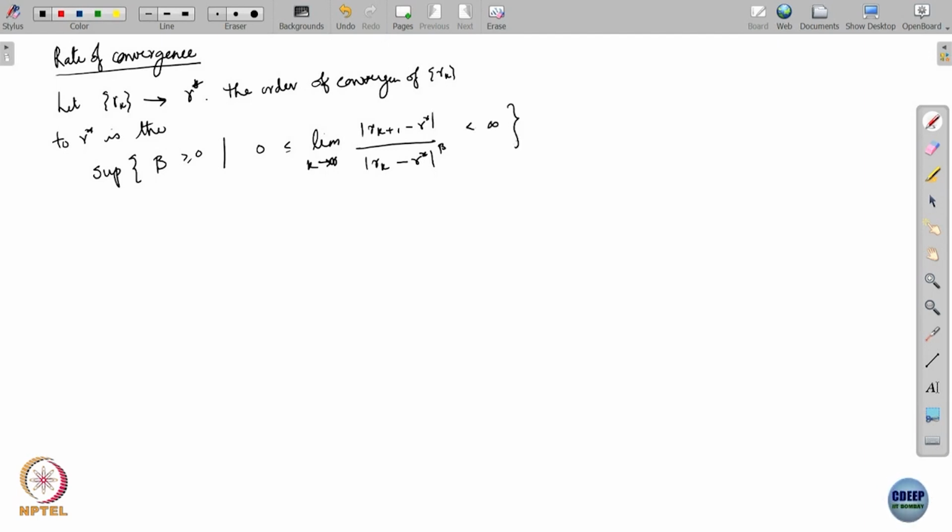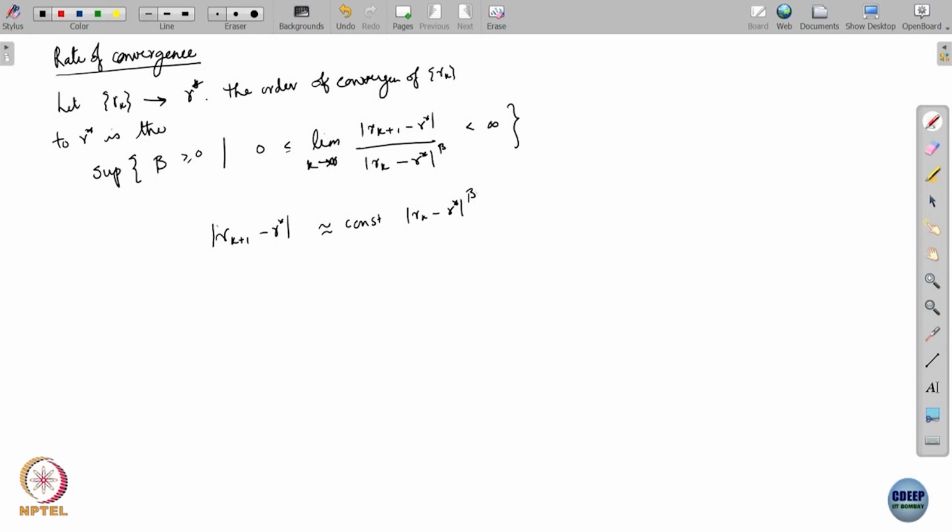Okay. So, what does this mean? It basically tells you the largest value. If this limit is finite, it effectively tells you that for large enough k, R k plus 1 minus R star, the absolute difference between these two, is roughly equal to some constant times R k minus R star raised to the largest such value of beta.